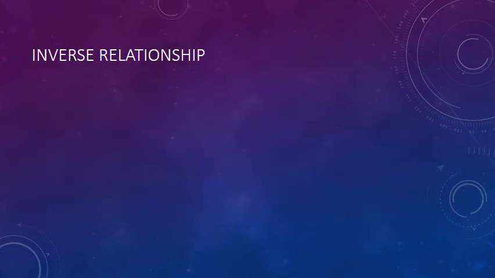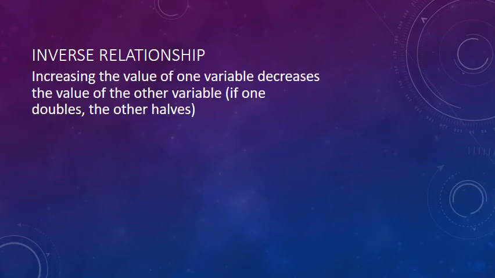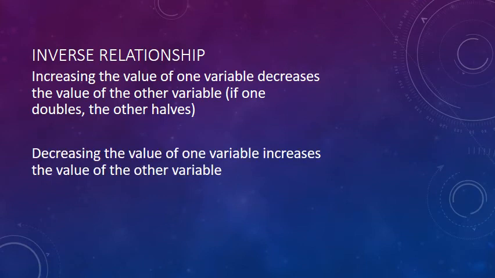So the second important relationship we're going to be using a lot in physics class is called an inverse relationship. And you may have seen this in math class before. It's kind of the opposite of your linear. When you have an inverse relationship between 2 variables, when one of them goes up, the other one goes down by the same proportion. So one doubles, the other halves.